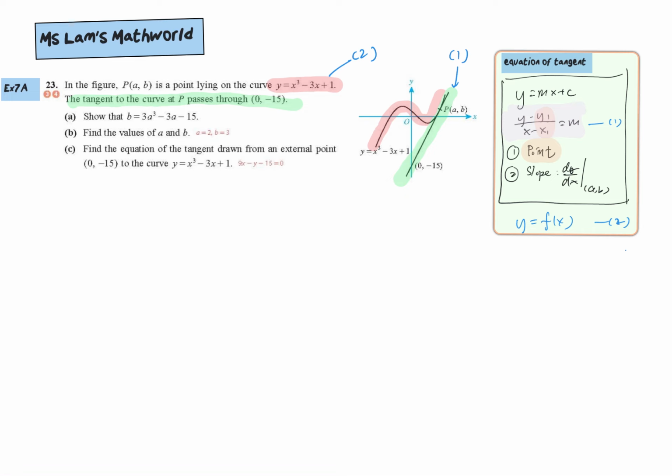And then maybe we should have some rough reference. Because we have to do substitution, usually we will do the easier one, right? We try with equation 2, which we will get b is equal to a cubed minus 3a plus 1.